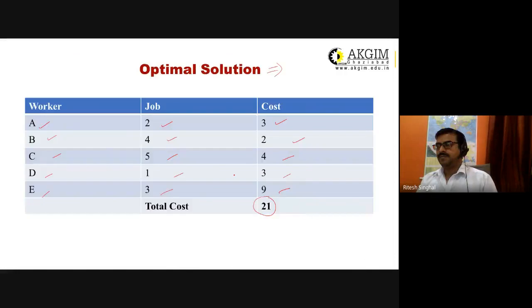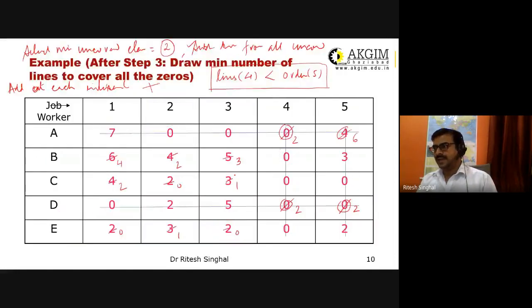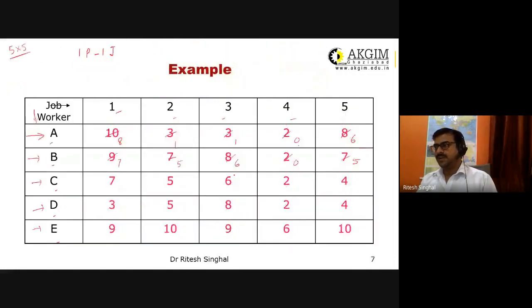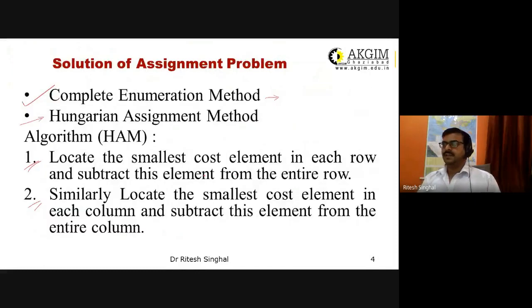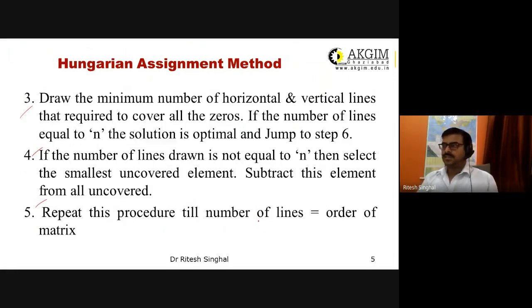And now you can read this particular algorithm so that you can revise what we have done. First of all, using the Hungarian method, you need to perform row minimization. After that, column minimization. Step 2. Step 3, draw the minimum number of lines to cover all the zeros. Lines must be horizontal or vertical.